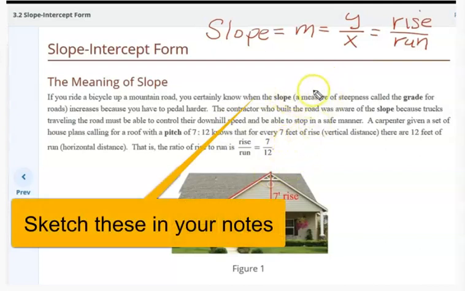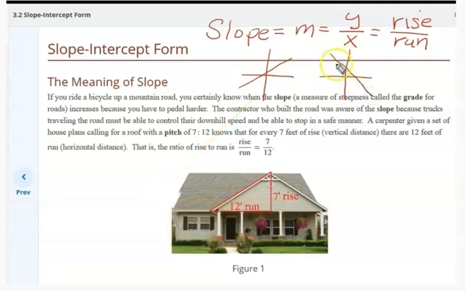Now we have negative slope, and let me give you some background on that. If the graph starts low and goes up, this is positive slope. If the graph starts high and goes down, this is negative slope.